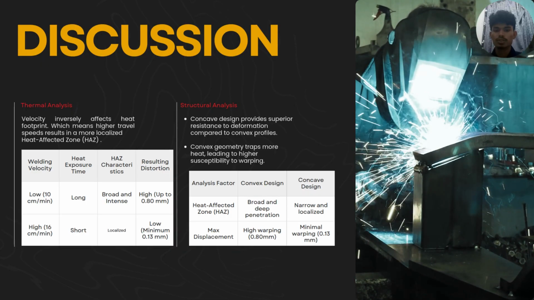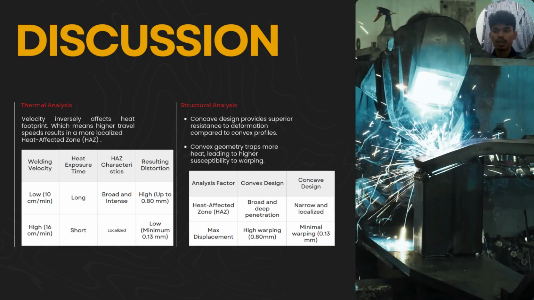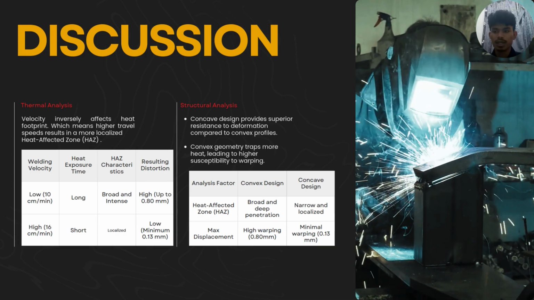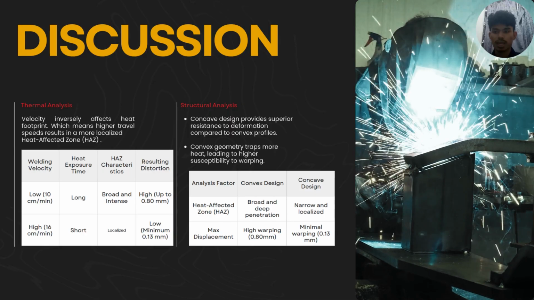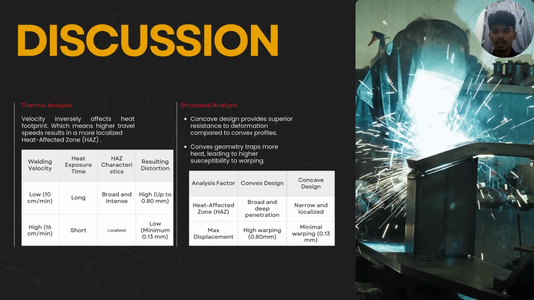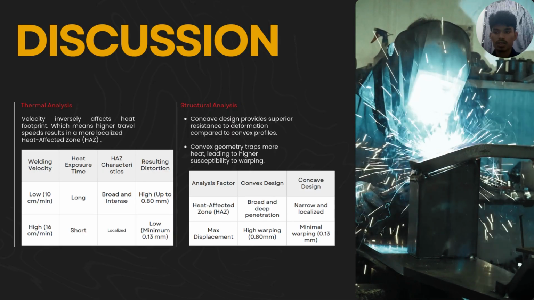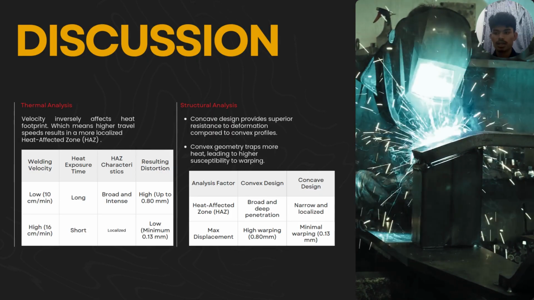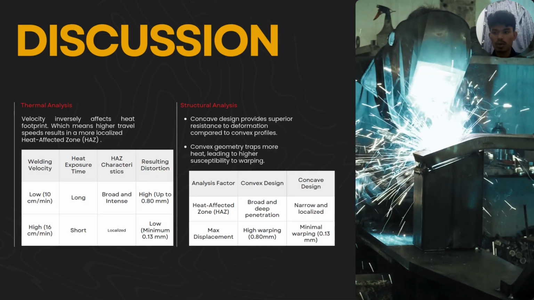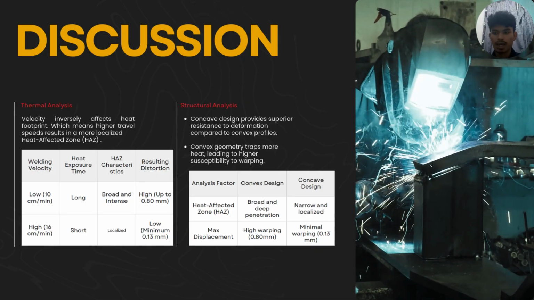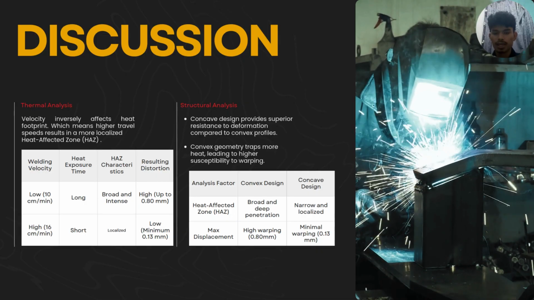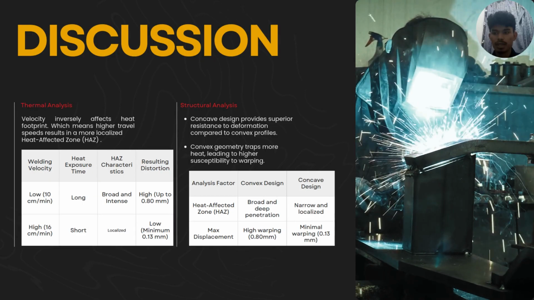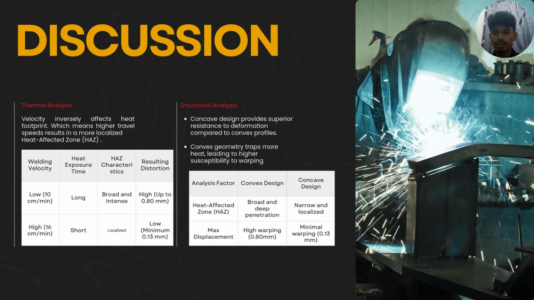When you look at the table, there are welding velocity, heat exposure time, HAZ characteristic, and resulting distortion. For the welding velocity, there are two: low and high. The low is 10 cm per minute, and the high is 16 cm per minute.